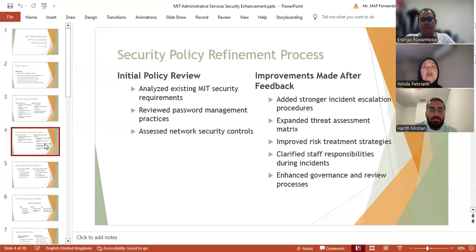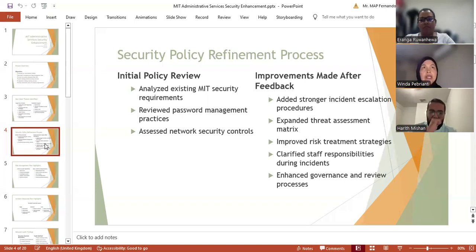We also expanded the threat assessment metrics to better identify and evaluate risks. In addition, we strengthened risk treatment strategies to address security weaknesses, staff roles and responsibilities during security incidents were clarified, and governance processes were improved.